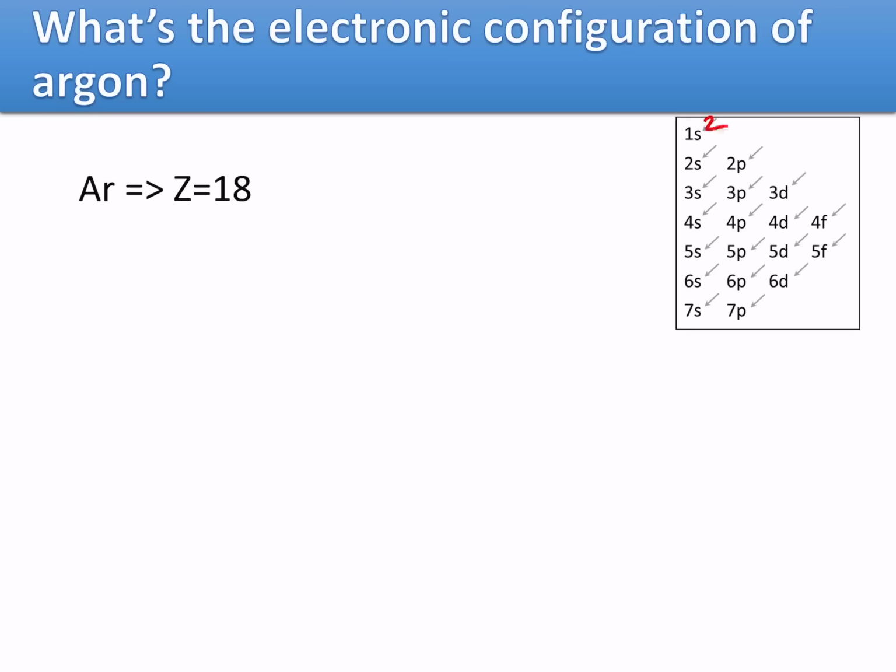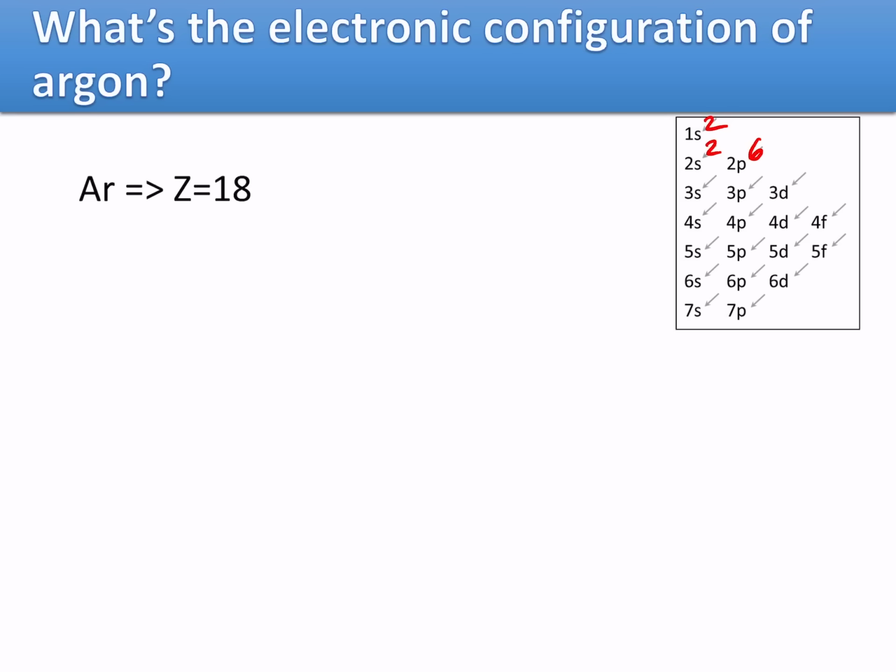you put 2 electrons there. The next available arrow is the 2s, so 2 more there. You are with 4 electrons there. So you put 6 here on p. You are at 10 right now. Let's do it this way.